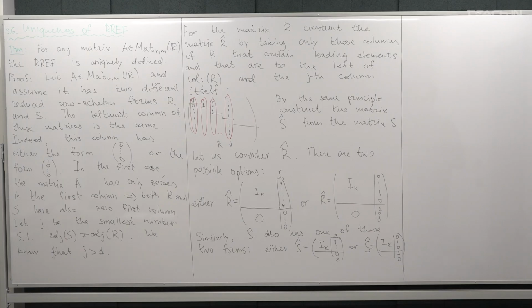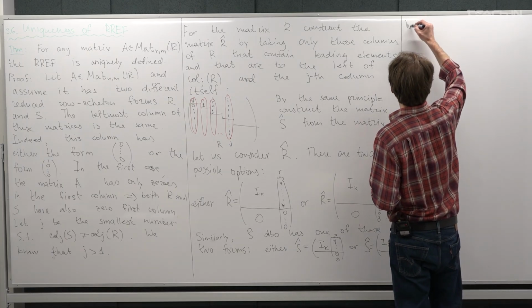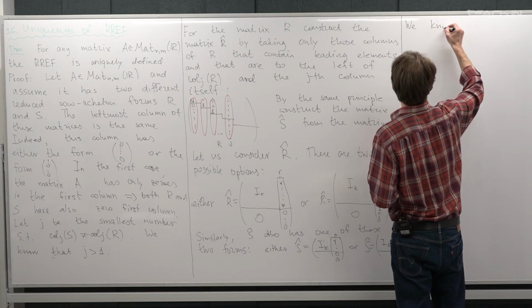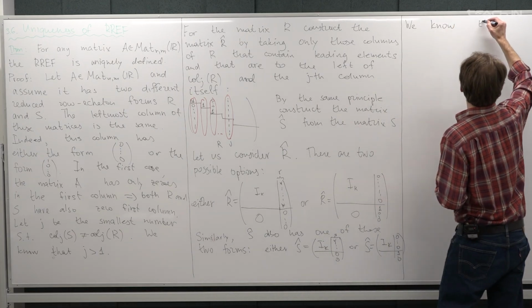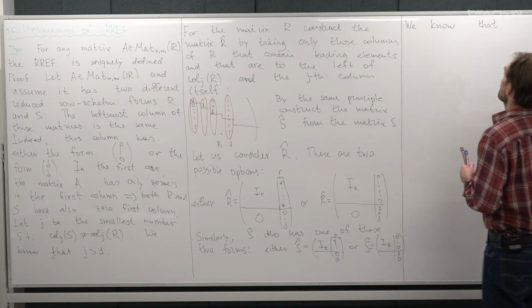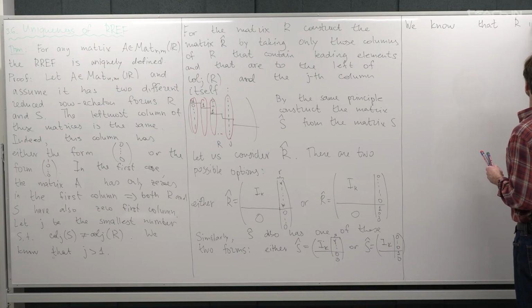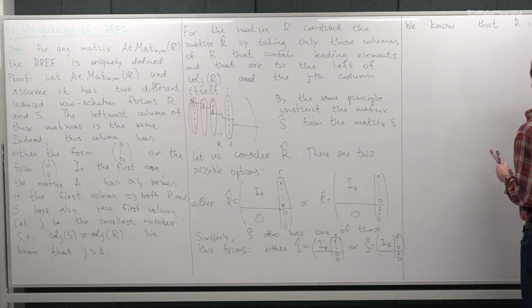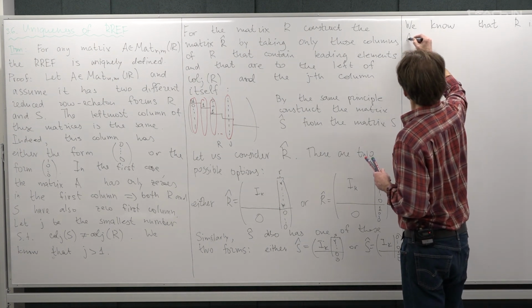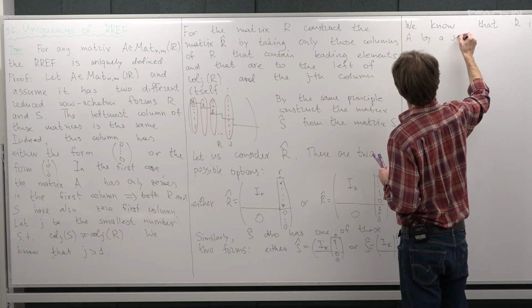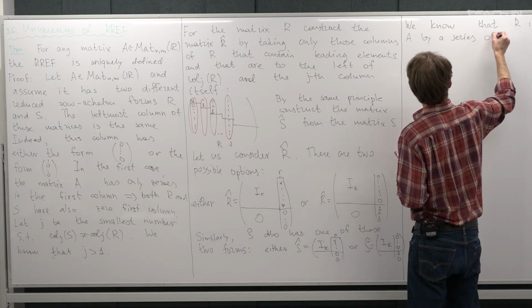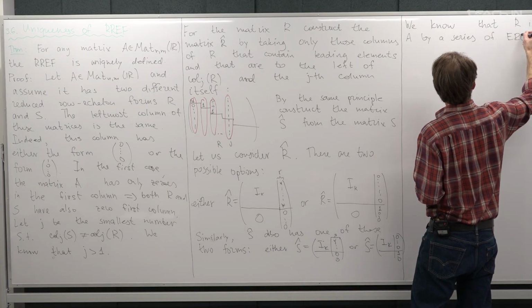So what do we know about these matrices? We know that the matrix R is obtained from the original matrix A by a series of elementary row operations.